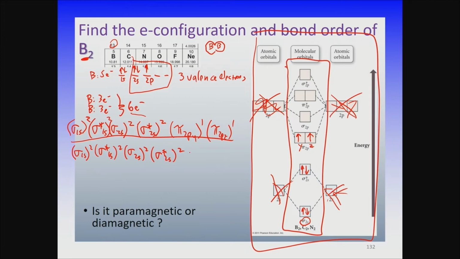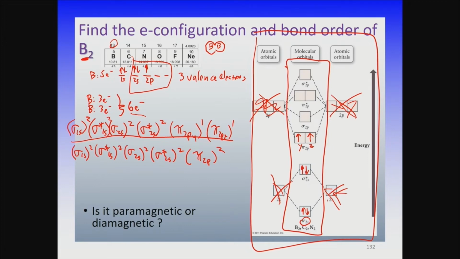What you'll see in a lot of textbooks and maybe in your Achieve homework is that they will not separately designate the 2p molecular orbitals into y and z. They just mix them together. So instead of saying 1 electron in 2py and 1 electron in 2pz, they'll say we have 2 electrons in the 2p orbitals. And that will be an equally good configuration.